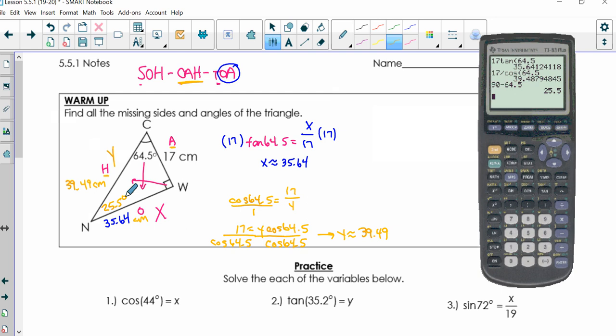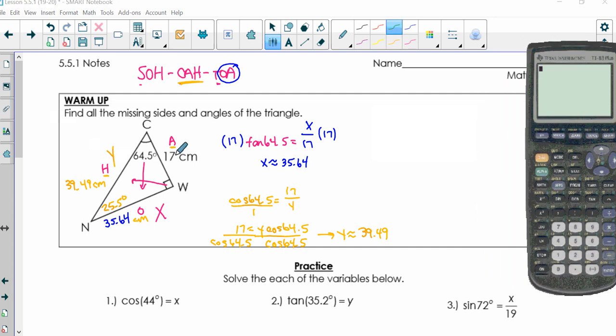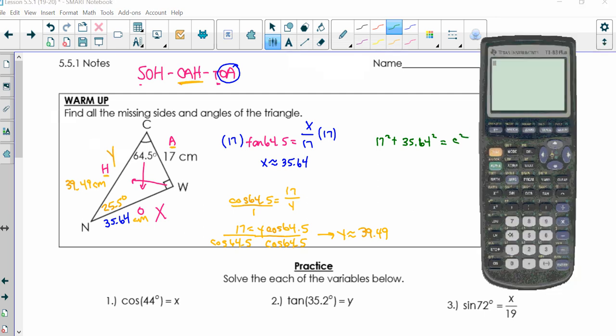Okay. Ways that you could get the same answer, but rounded wise would be slightly different. Had I done Pythagorean theorem, once I knew 17 and 35.64, I would have said leg squared plus leg squared equals the hypotenuse squared, so c squared. So I would have done 17 squared plus 35.64 squared.